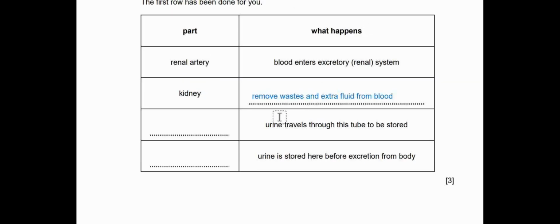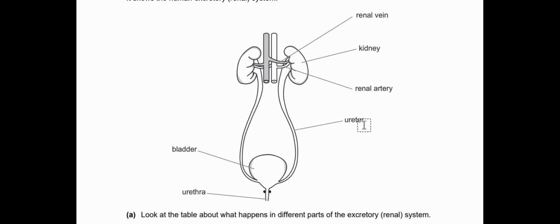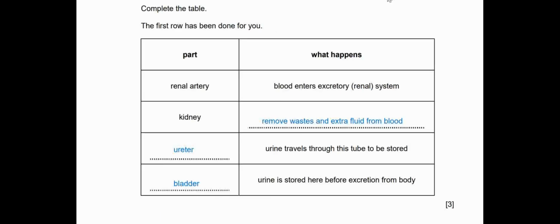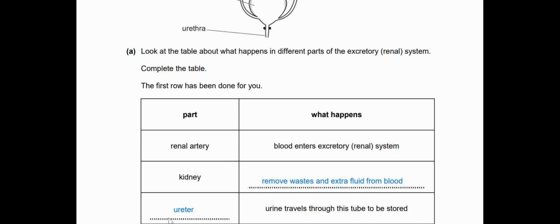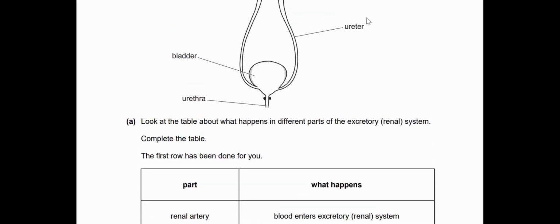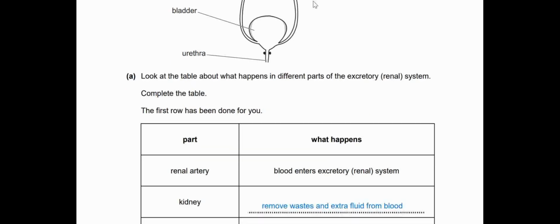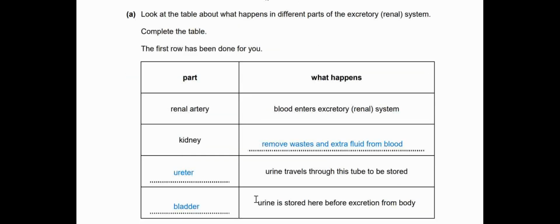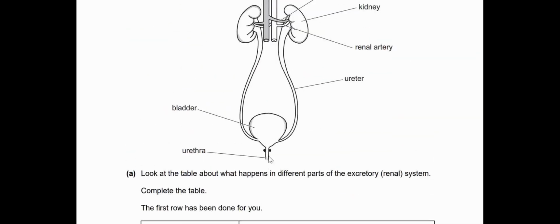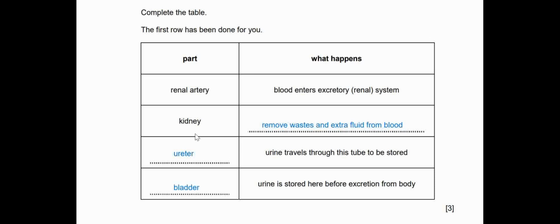Next, which part is the tube where urine travels to be stored? We type ureter. This is the ureter, and urine is stored in the bladder, where it is held before excretion from the body. Right, we are done with the table.